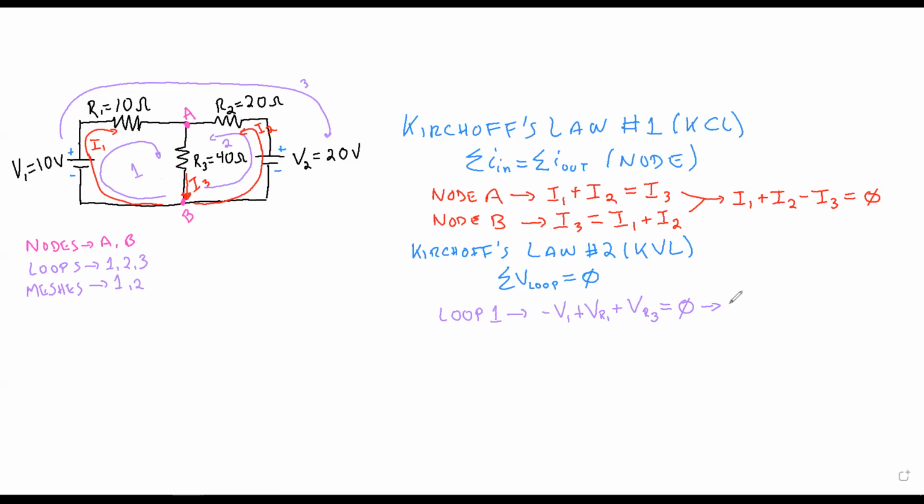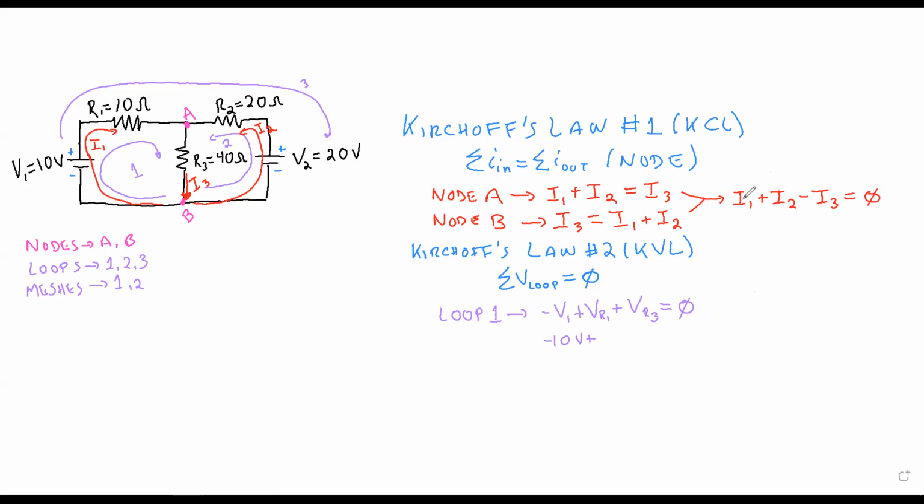Minus, I'm going to write it downwards here. What's the value of V1? It's 10 volts. Now, in the case of resistor 1, we don't know the voltage, but we have been working with the current.